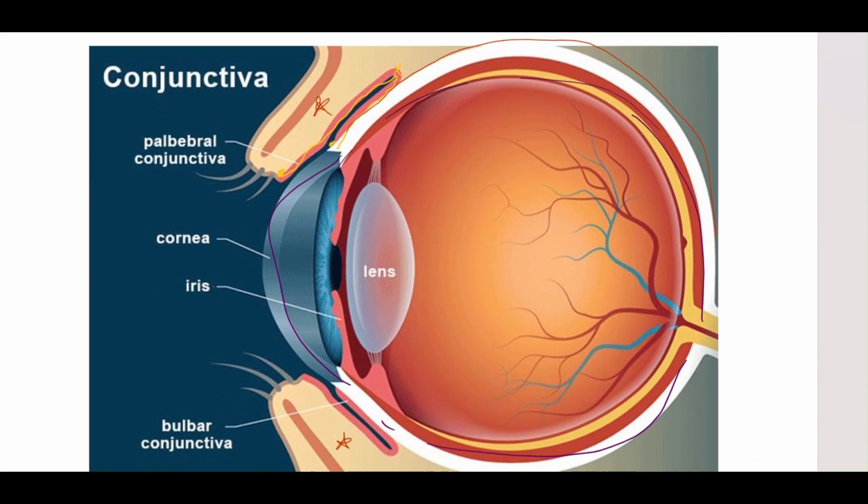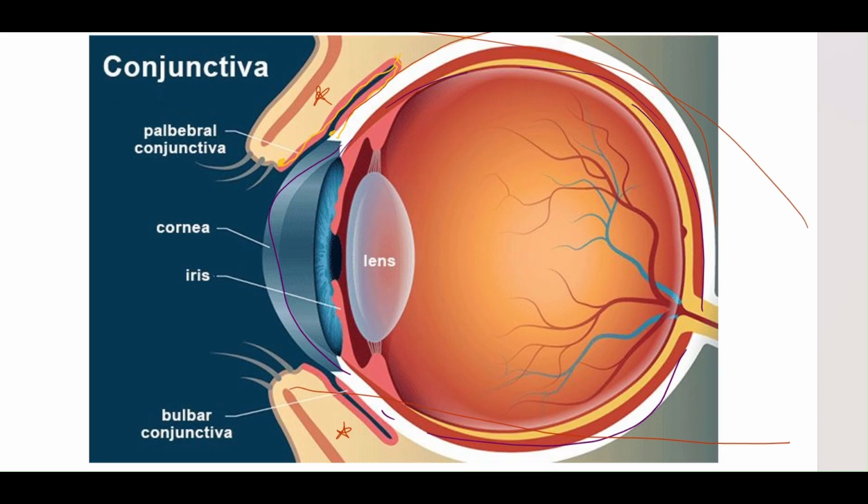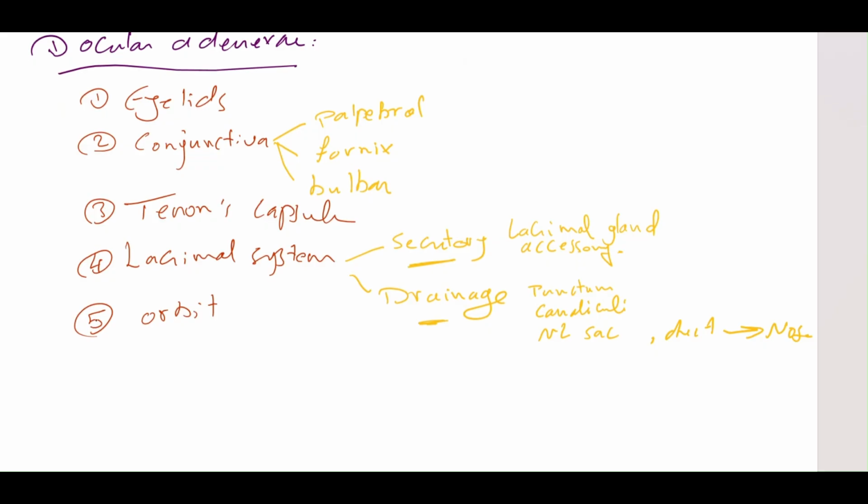The bony orbit is the envelope that contains all these ocular and extraocular structures. And number 6 are the extraocular muscles responsible for movement of the eye.